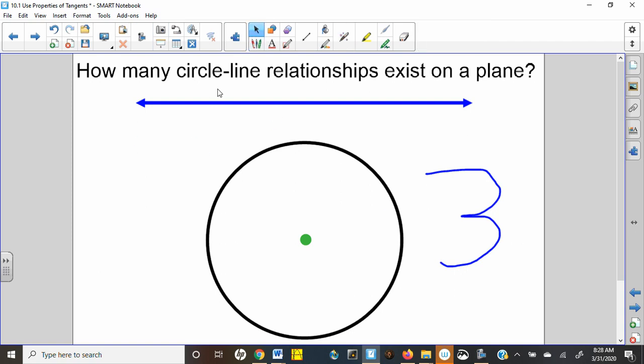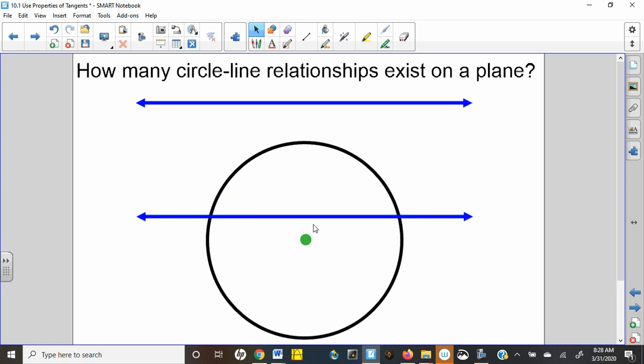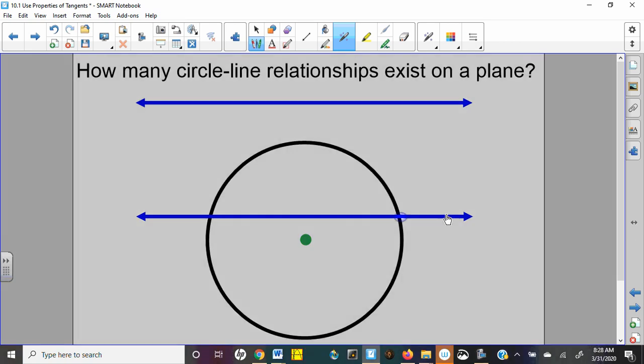Congratulations, because one relationship is what you see right now, where the line does not intersect the circle at all. That's actually one relationship. Another relationship is where that line enters the circle, which means it has to exit the circle, and they actually share 2 intersection points, right? 1, 2.